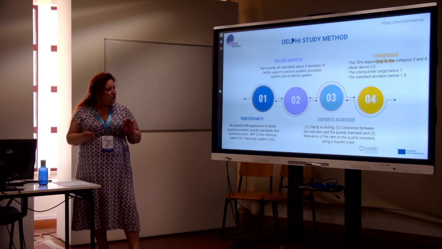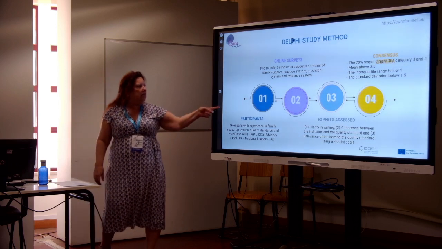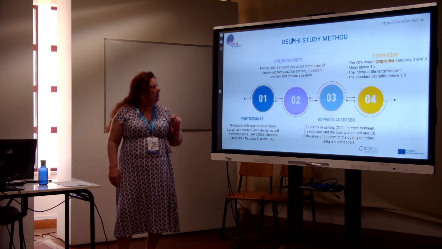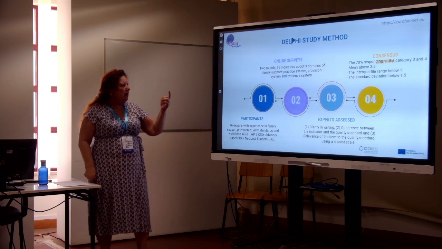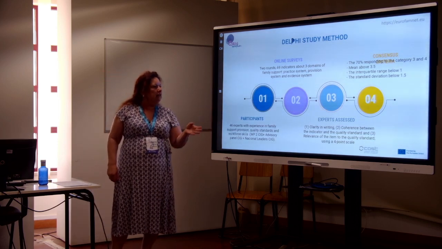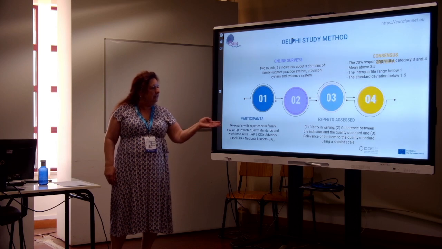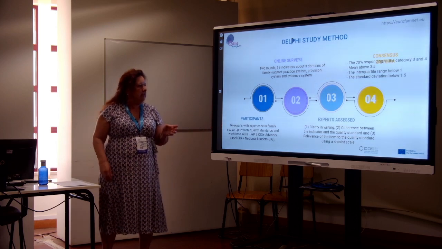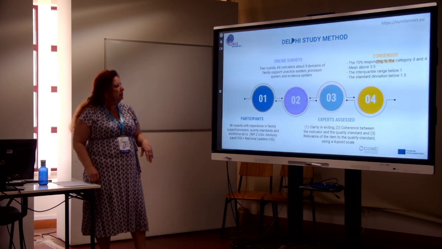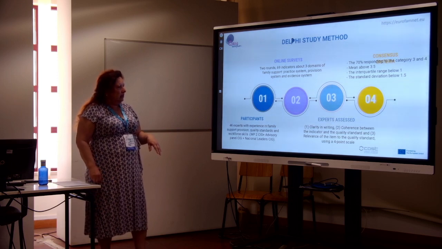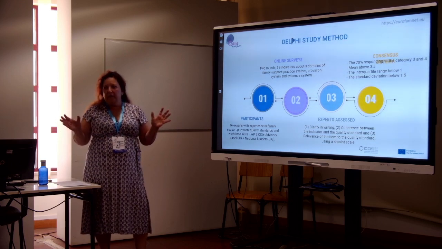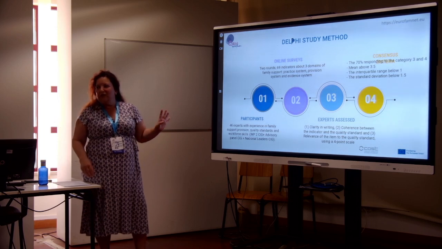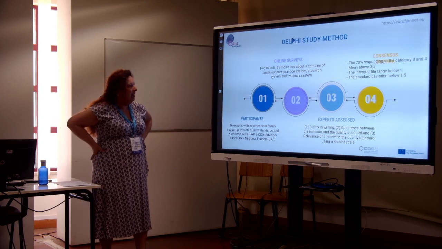And we asked these 46 experts to assess clarity in writing of these indicators, coherence between the indicator and the quality standard, and relevance of the item to the quality standard using a 4-point scale. So that was a very big questionnaire that experts had to answer.